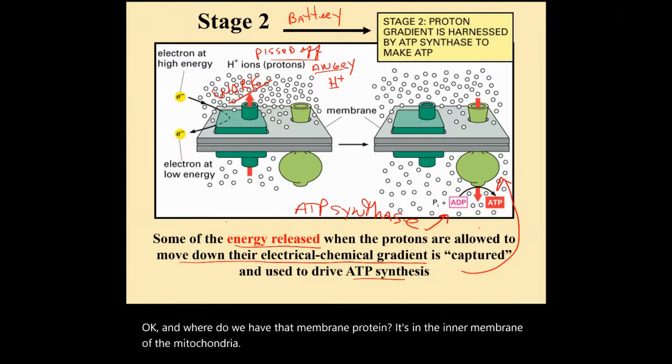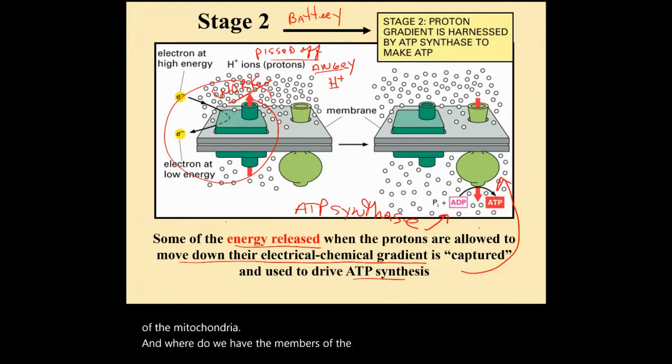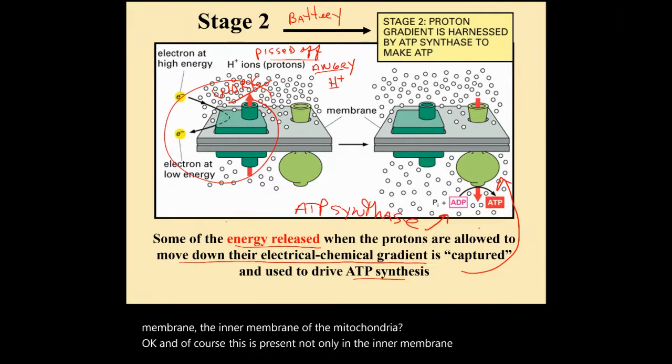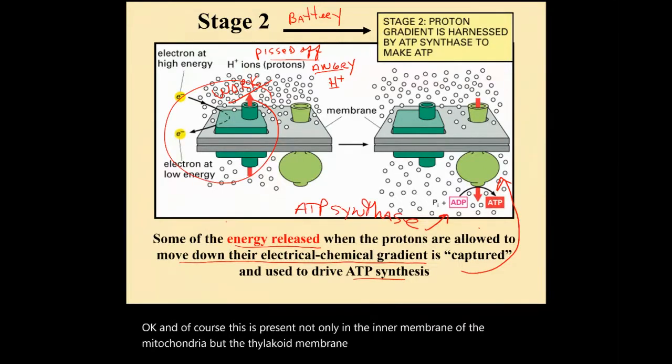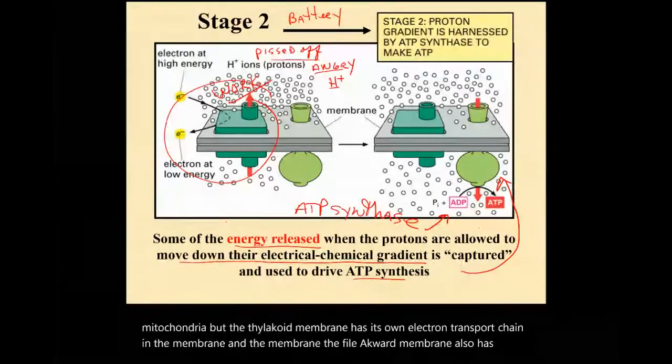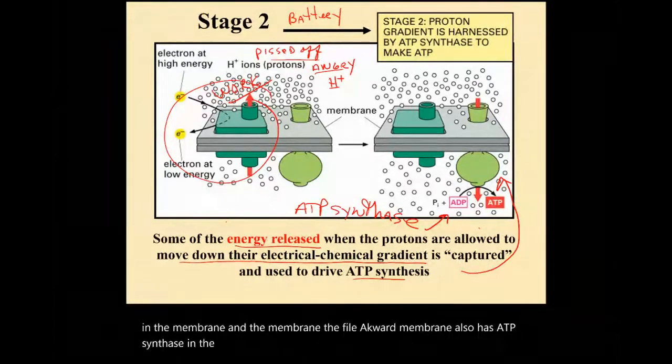And where do we have the members of the electron transport chain? Same membrane, the inner membrane of the mitochondria. Okay? And of course, this is present not only in the inner membrane of the mitochondria, but the thylakoid membrane has its own electron transport chain in the membrane. And the thylakoid membrane also has ATP synthase in the membrane.